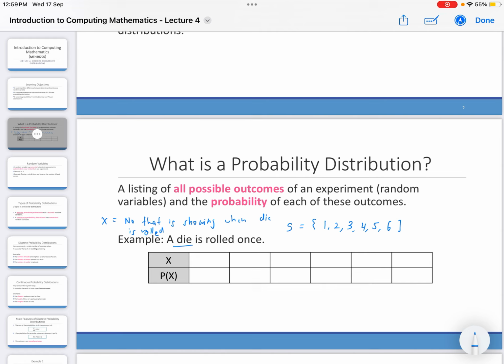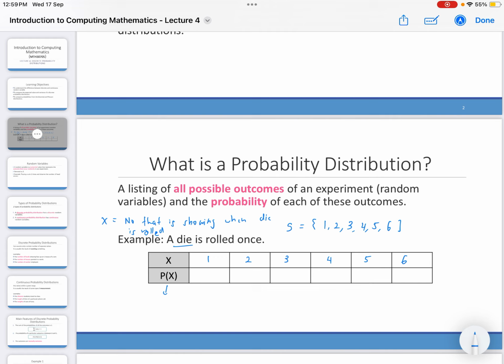So we can write x as 1, 2, 3, 4, 5, 6. And then the P of x here is actually the probability of each of these outcomes.